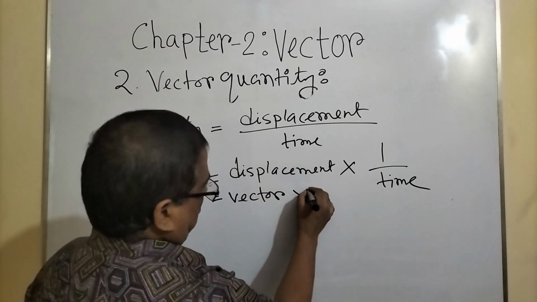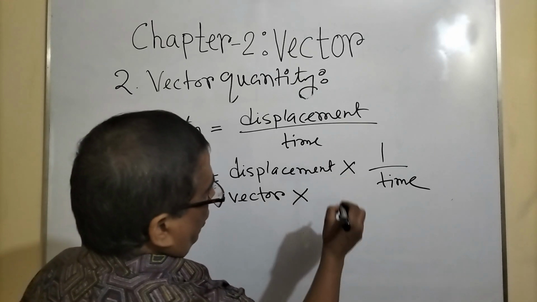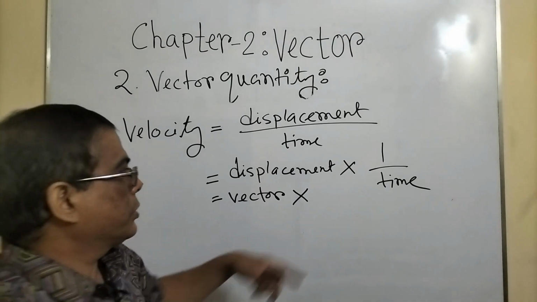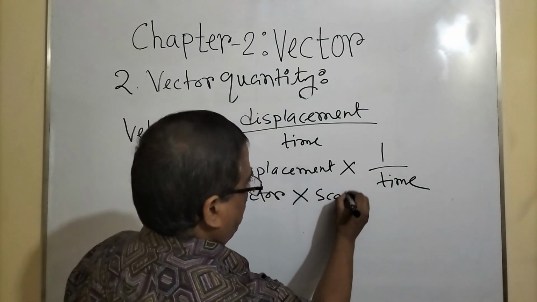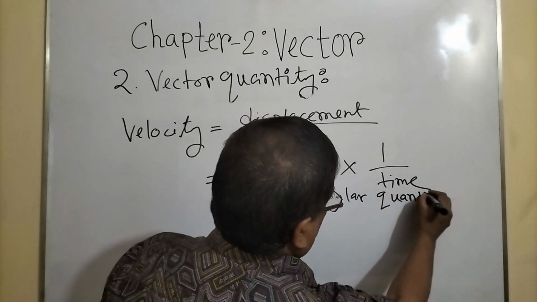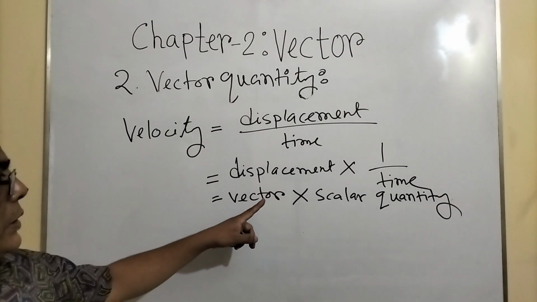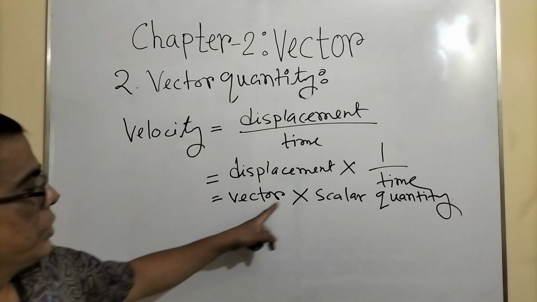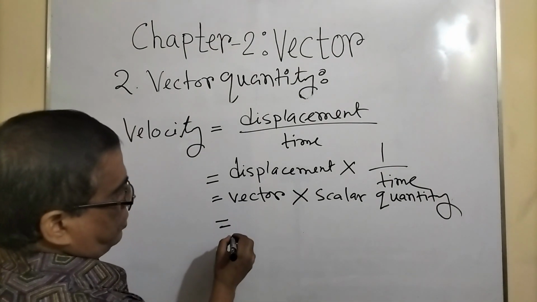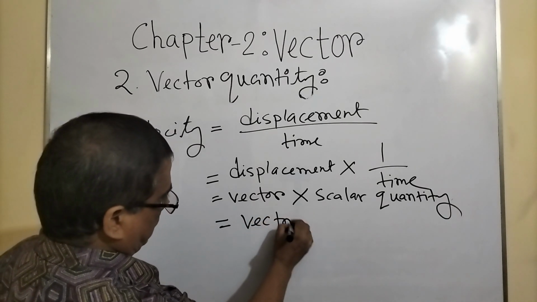Vector multiplied by time. Time is a scalar quantity, so 1 by time is a scalar quantity. If a vector quantity is multiplied by a scalar quantity, the product is a vector quantity.